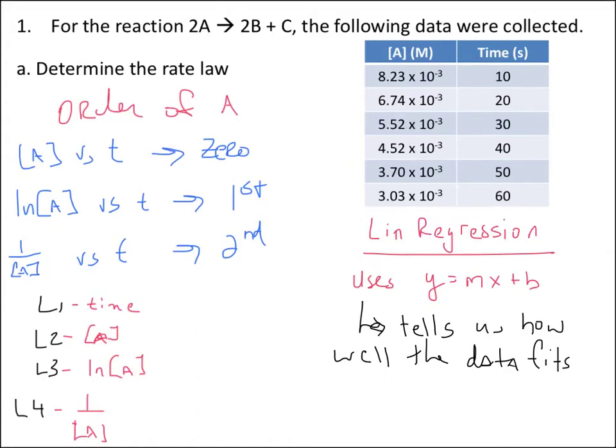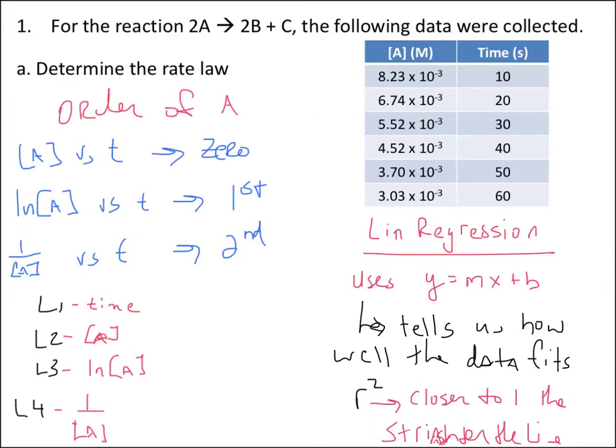So how well the data fits in that straight line. And the trueness or the correctness or the accuracy, if you want to think of it that way, is an R-squared value. And the R-squared value, essentially, the closer to 1, the straighter the line. So the closer to 1, the straighter the line.